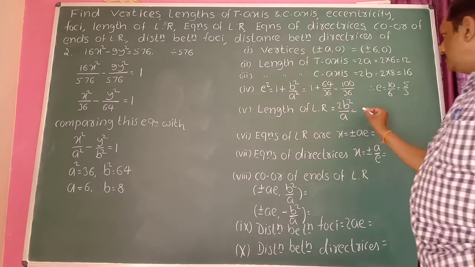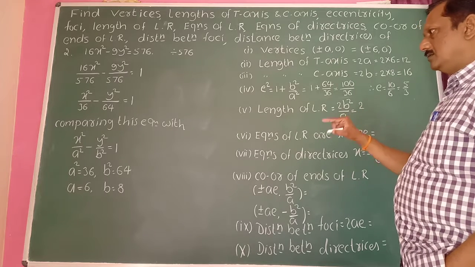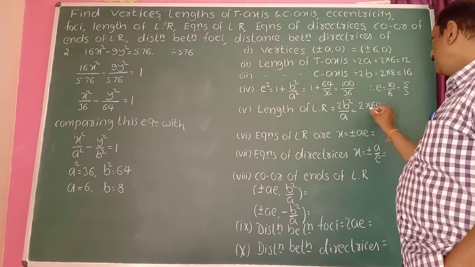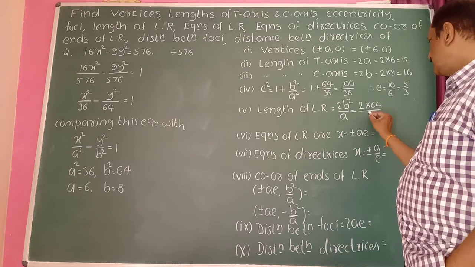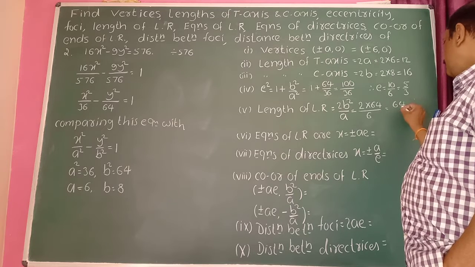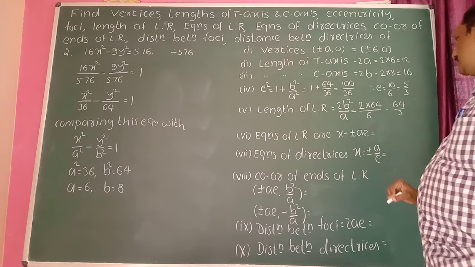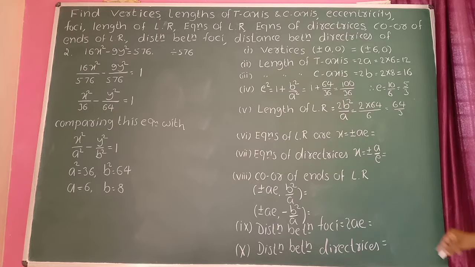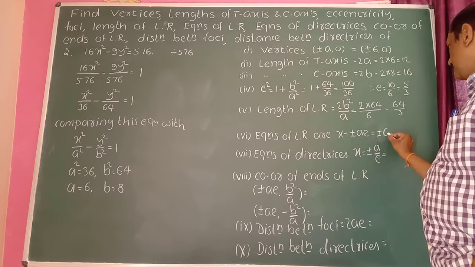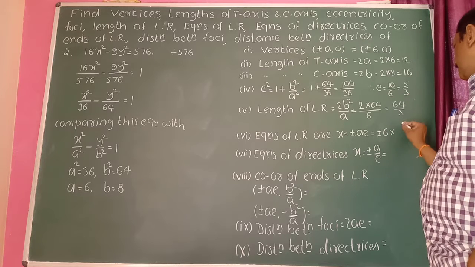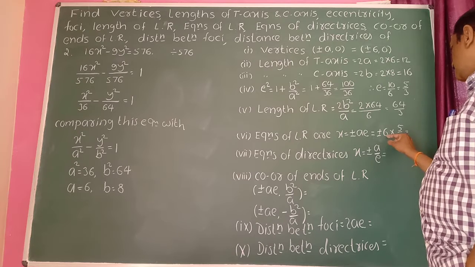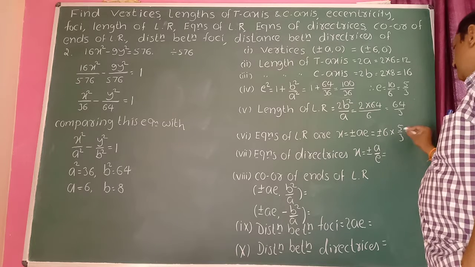Then the length of the latus rectum is 2b²/a. So b² is 64, divided by a value 6. 2 ones are 2, 3 threes cancel, so 64/3. Length of the latus rectum is 64/3.